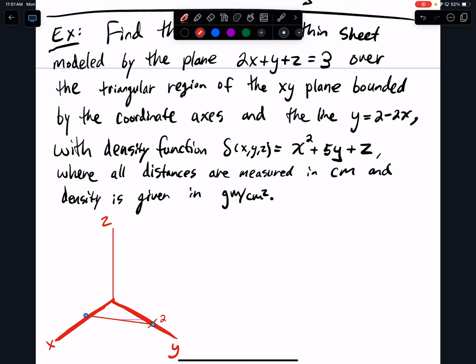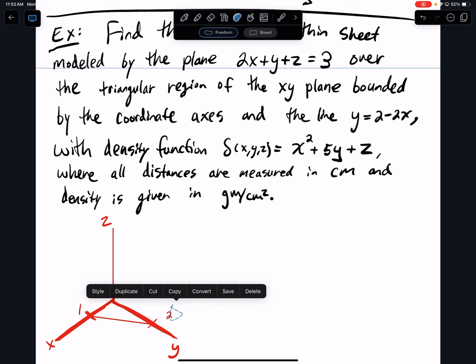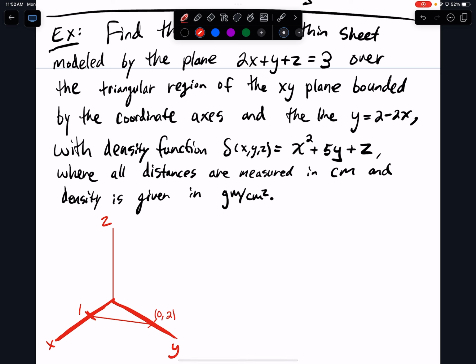Maybe it goes to right here. And where do we cross the x-axis? x equals 1. Okay. So 0 and 1, and then I want to parameterize this little triangle area here.